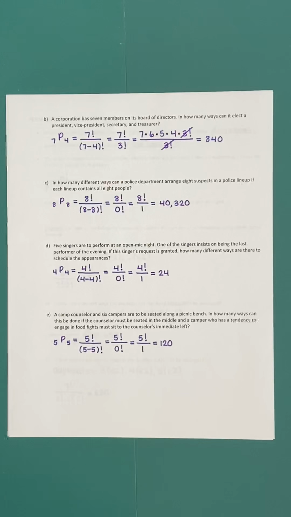Okay, next one. In how many different ways can a police department arrange 8 suspects in a police lineup if each lineup contains all 8 people? So we have 8 people to choose from, and based on this problem, we're choosing all 8. That means N is going to be 8. But because we're arranging all 8, that means R is also 8.